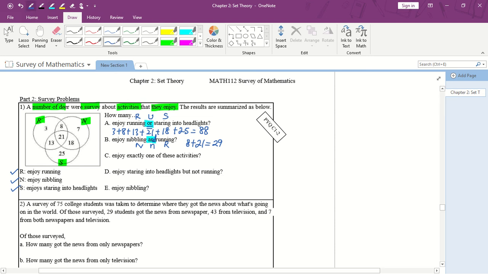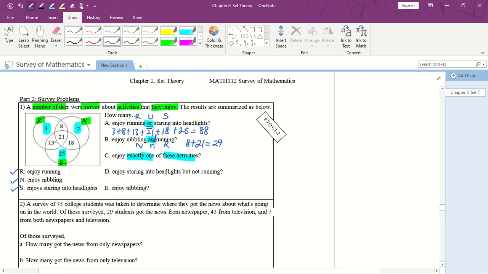The next question: enjoy exactly one of these activities. It means the deer that enjoy only nibbling, only running, or only staring into headlights. They don't like two or all three together. So here it is 3, 7, and 25.